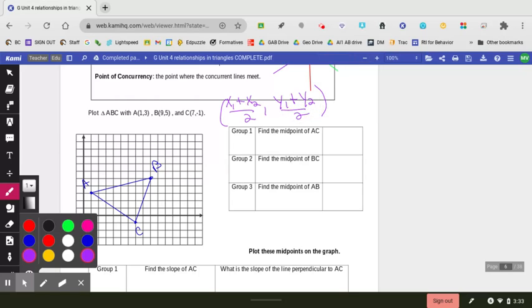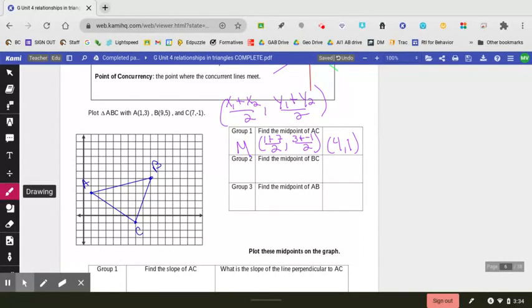So when I'm doing AC, I'm doing 1 plus 7 over 2, comma 3 plus negative 1 over 2, which works out to be 4, because 1 plus 7 is 8, divided by 2 is 4, comma 1. 3 plus negative 1 is 2, divided by 2 is 1. And let's name that point M. So I'm going to plot that on my graph at 4, 1. And that's M.